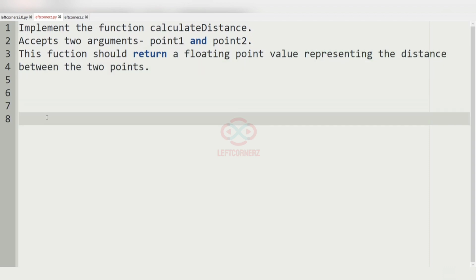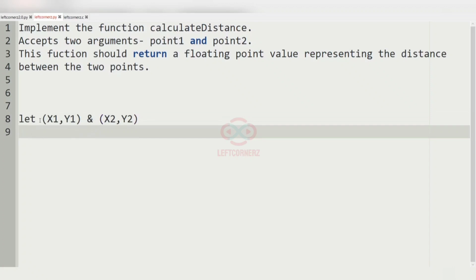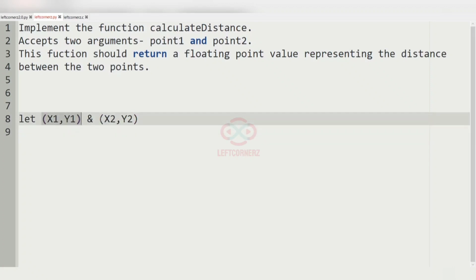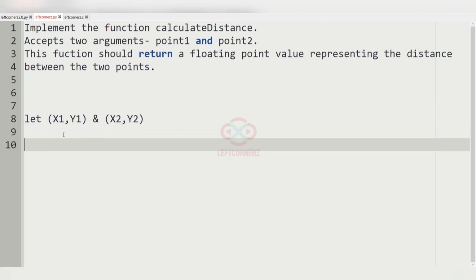Let x1, y1 and x2, y2 be the points point 1 and point 2.